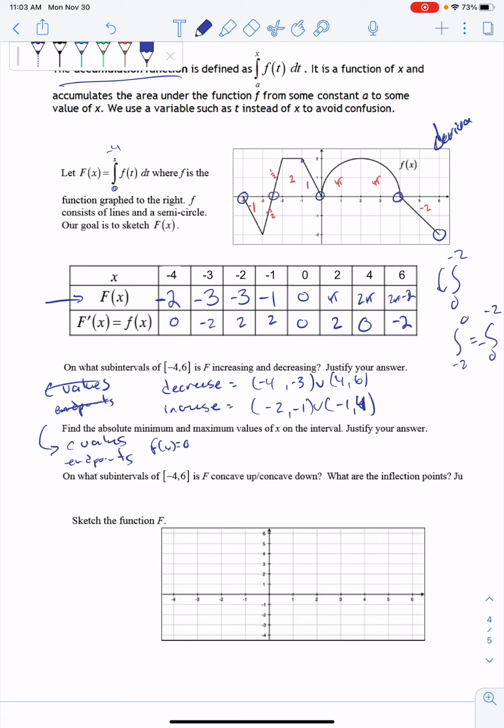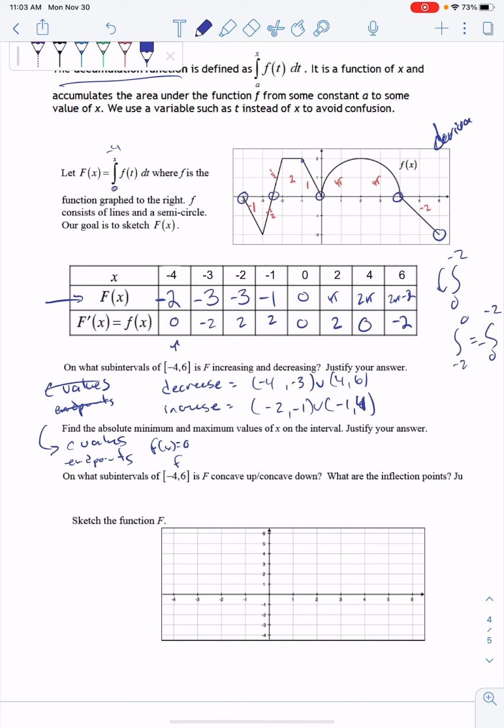So if I do that at 0, I've got 0. Or at negative 4, I've got 0. At negative 2.5, what do I have? I've got 1, 2, plus another half. So I've actually at negative, let me write this down.